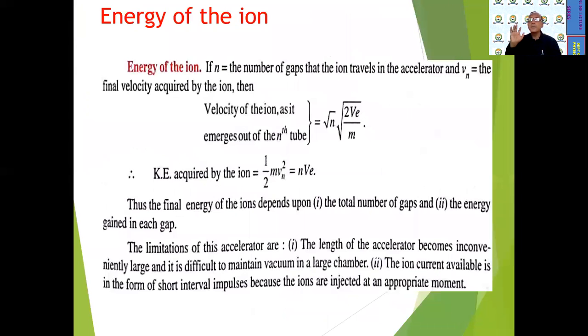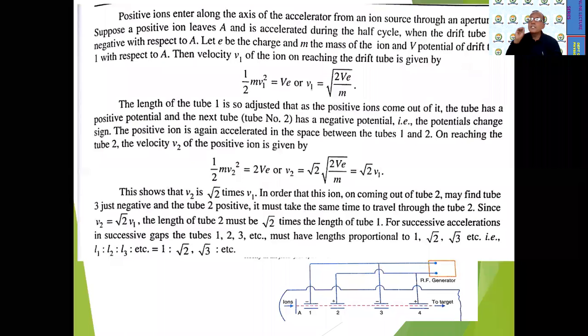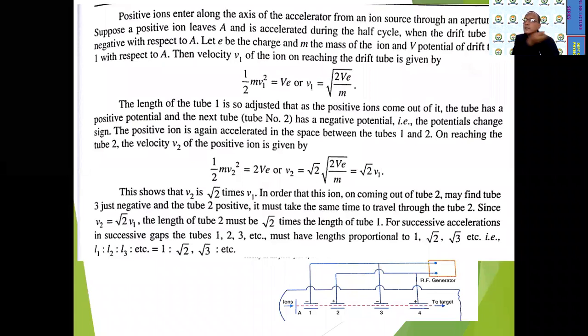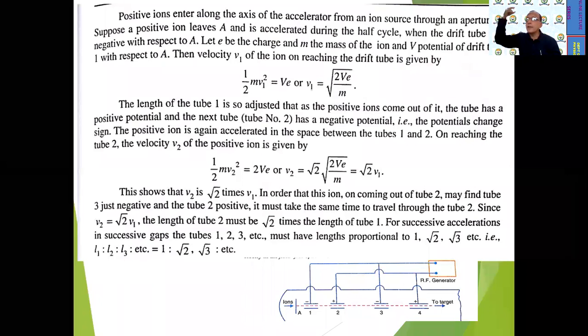Can you understand? So how much energy will increase after passing through the gaps? What does it depend on? From this formula and the discussion I have made, can you tell me how much energy will be increased and which factor it depends on? How much will the energy of the particle coming out increase: 4 MeV, 10 MeV, 20 MeV?